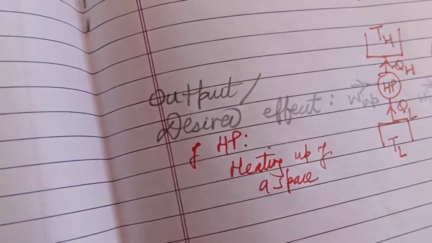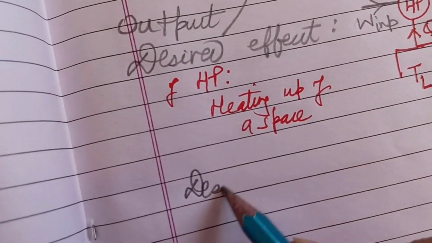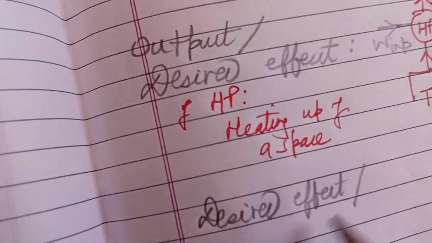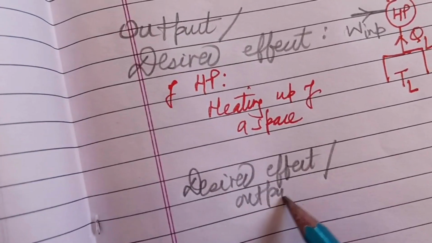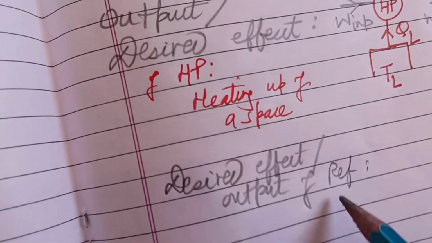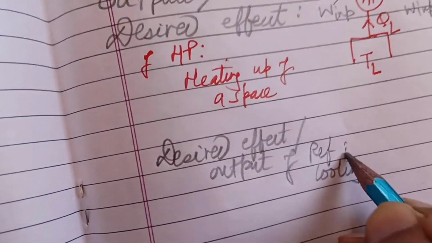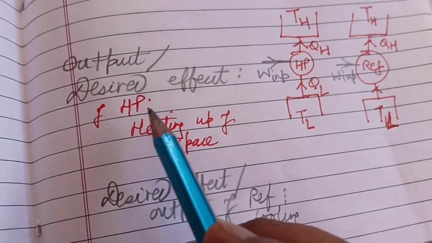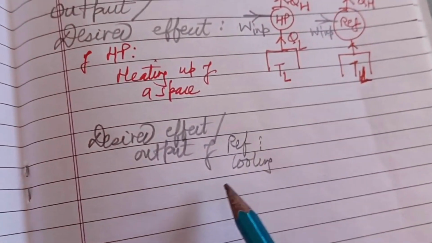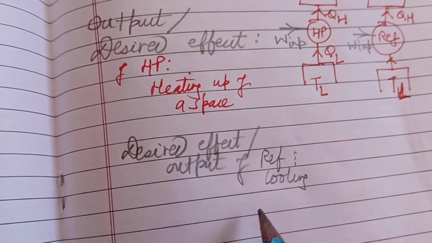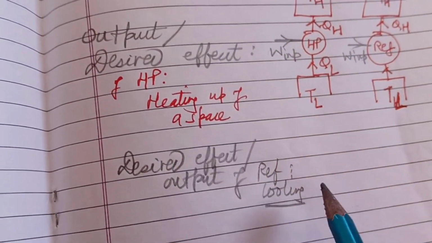And in case of refrigerator, the desired effect or output is cooling. So you have just seen the difference between the desired effect of a heat pump and refrigerator. Whereas we want heating in case of heat pump, we achieve cooling in case of refrigerator.